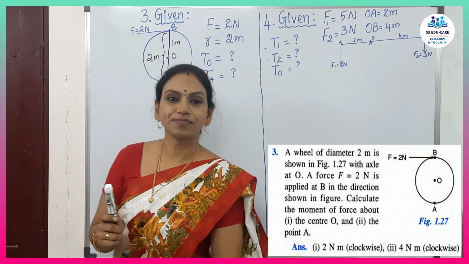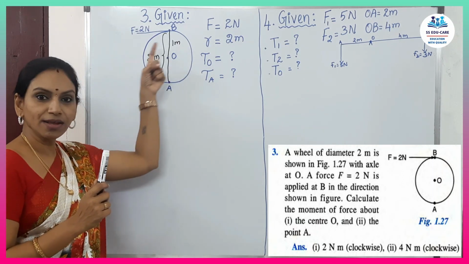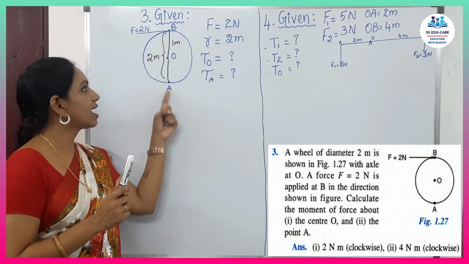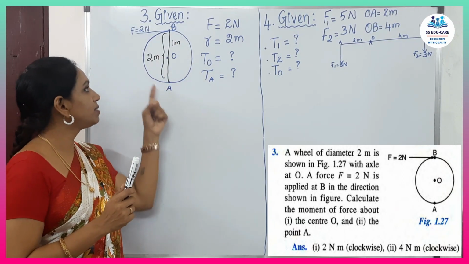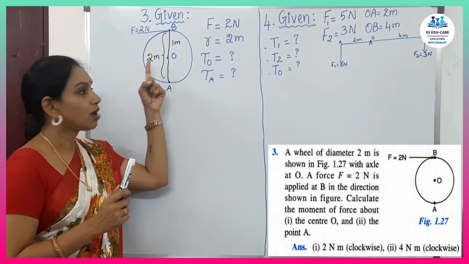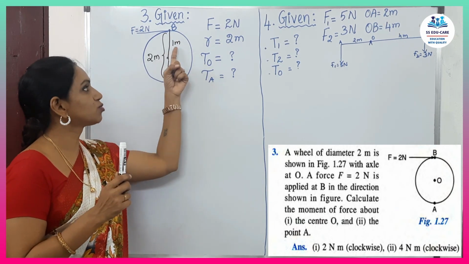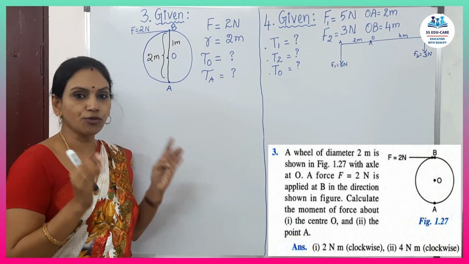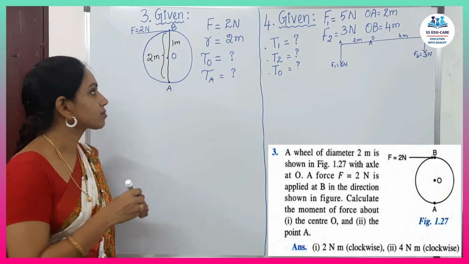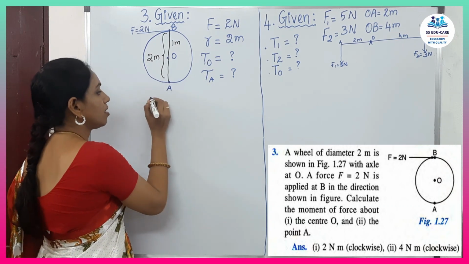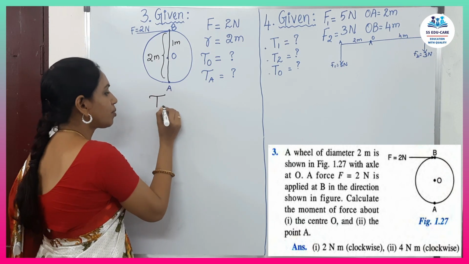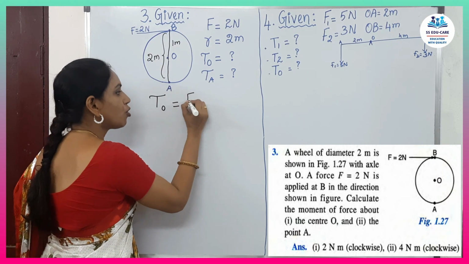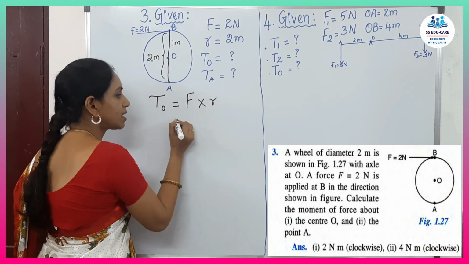Let's solve the problem. See, this is your wheel pivoted at the center. Then you have two ends A and B, which is of full diameter 2 meters, whereas the distance OB is 1 meter. That is what is given here. Now let's calculate the moment of force at point O. Moment of force at point O is equal to, let's recall the formula, force into its perpendicular distance.